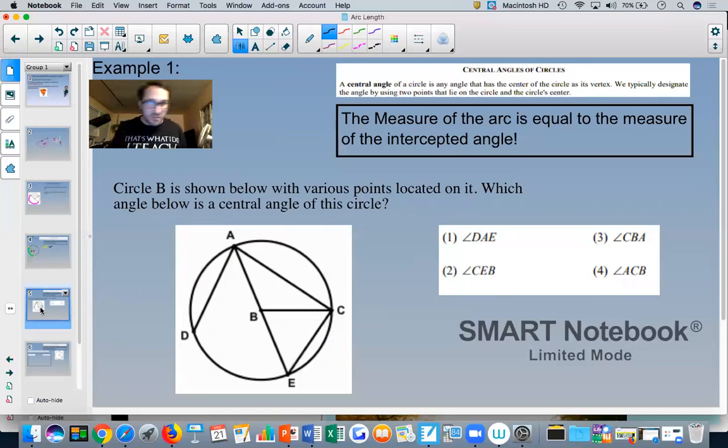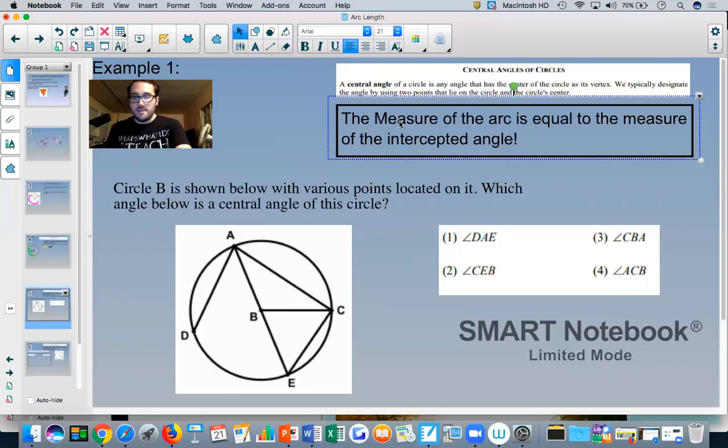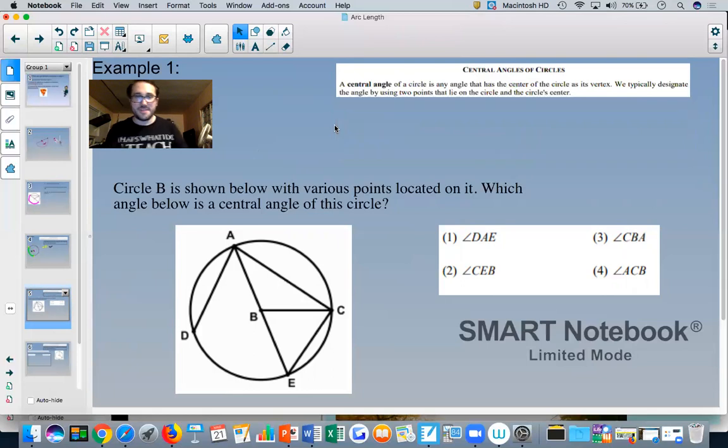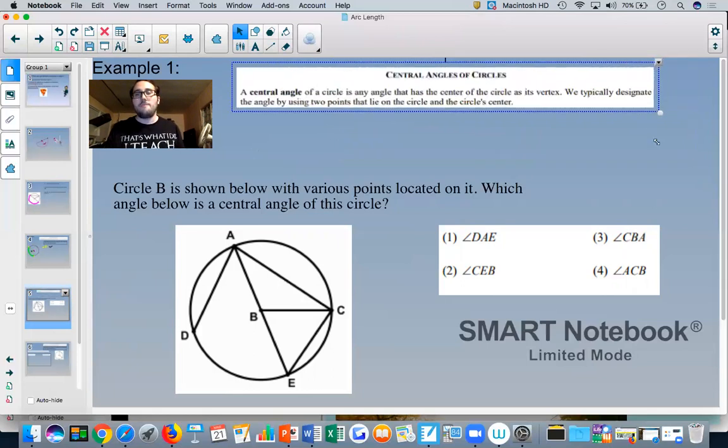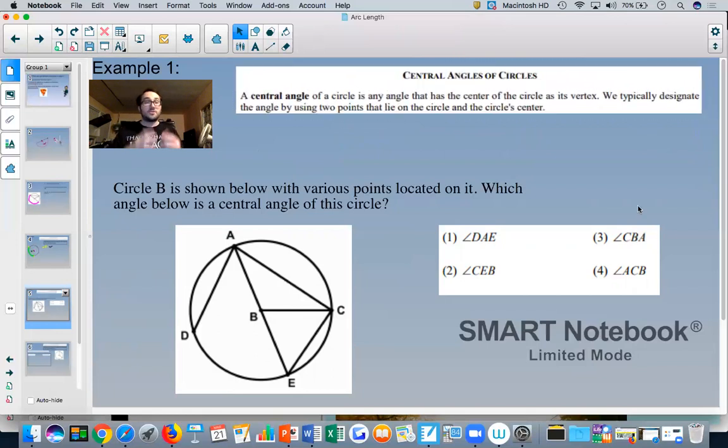So, Dora the Explorer style, try to look at the information on top. You just need this piece of information. Pause the video and try to figure out yourself which one of these angles would be the central angle.